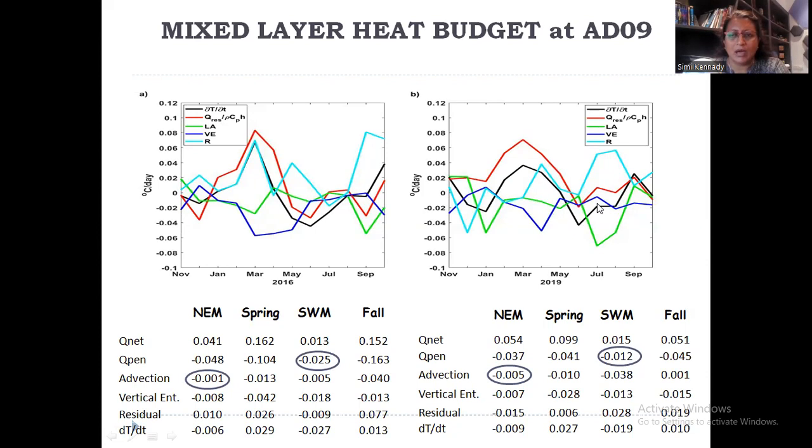And in the later half of the summer monsoon, there is a larger contribution by lateral advection in both 2016 and 2019, and this is compensated by the residual term.